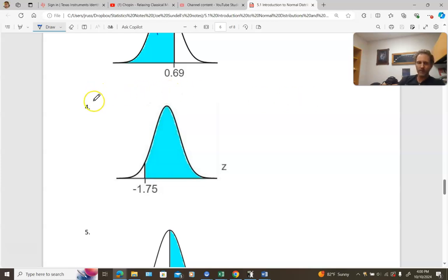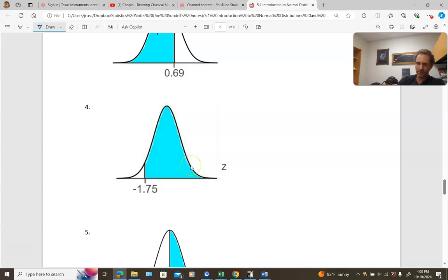Example 4 here, the area is not actually to the left, it's to the right. So there's a couple ways we can tackle this, and I'll show both of them to you. What I could do is I could figure out how much area is to the left of z equals negative 1.75, and I could subtract that from 1, and that'll tell me the area that's to the right.